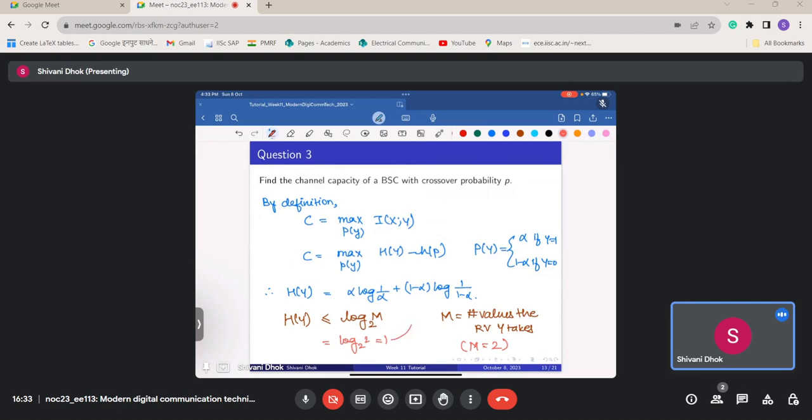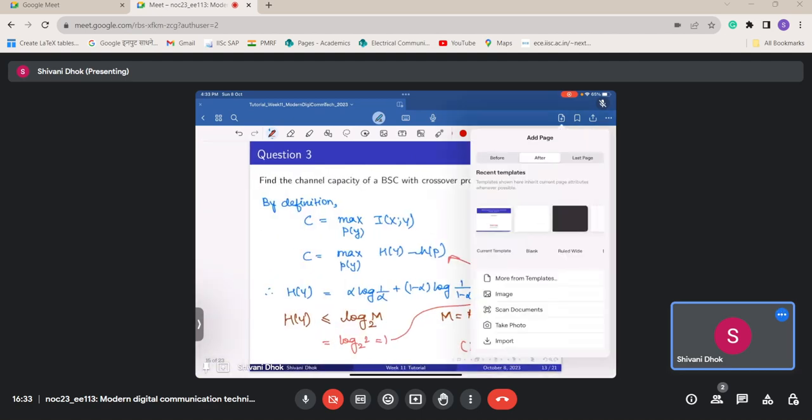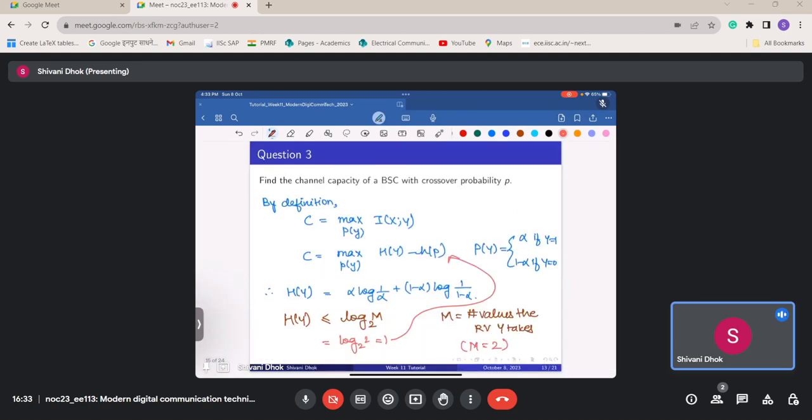Now if we plug this into this equation, the maximum value that H(Y) can take is 1. So this quantity will be maximized when H(Y) takes a value of 1. And when do we achieve this?